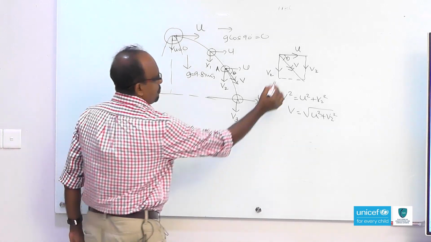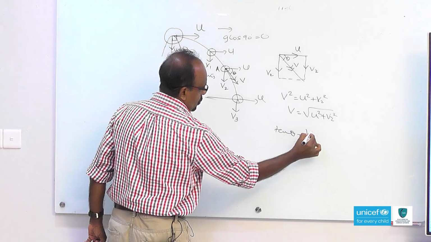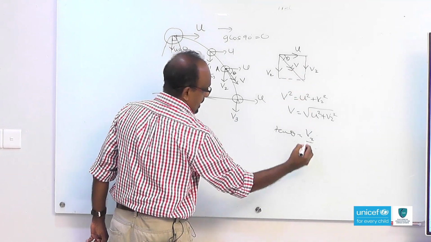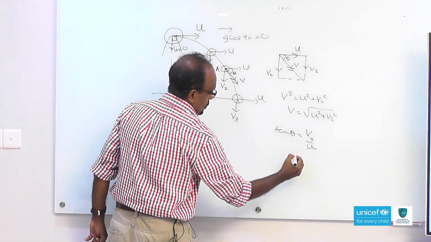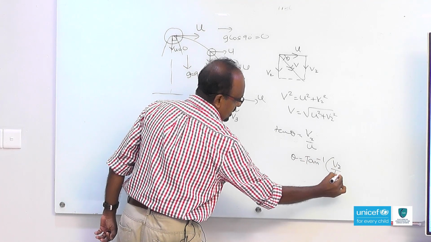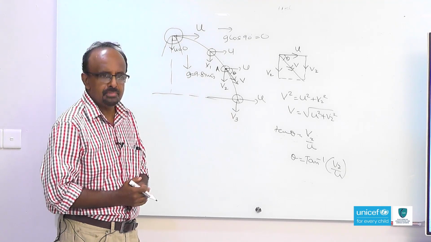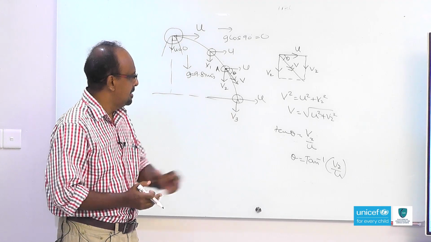Similarly, we can find the angle by using trigonometry. Tan theta is equal to opposite divided by adjacent, so theta will be tan inverse of v2 by u. When doing the questions, we know all the terms, so we can find the angle and the resultant velocity.